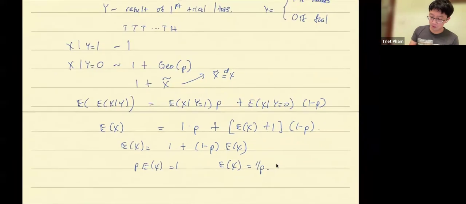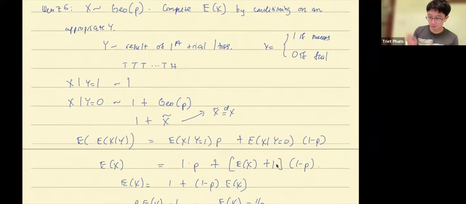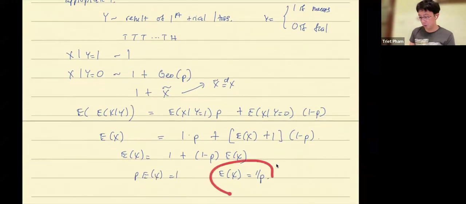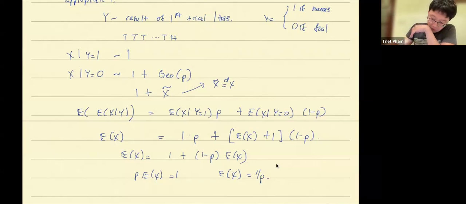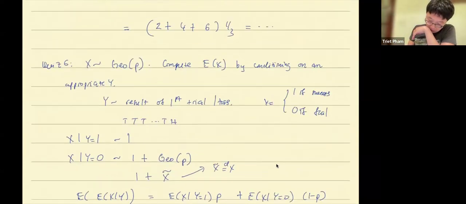So that's the proof, one way to do it, that the geometric p has expectation 1 over p. Any question? Okay, let's continue.